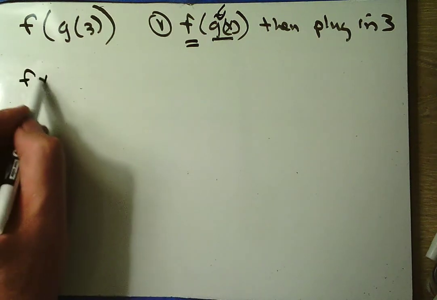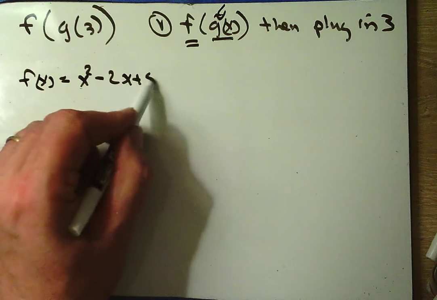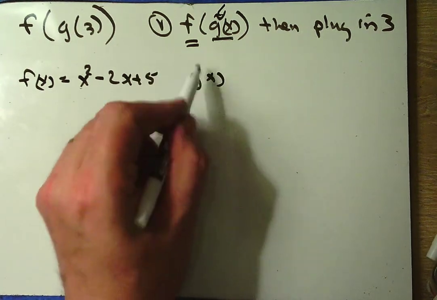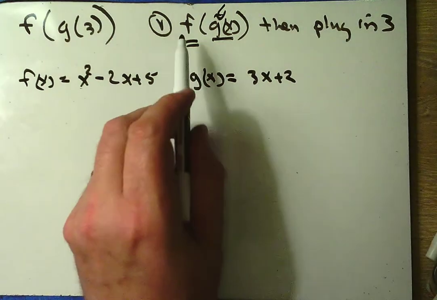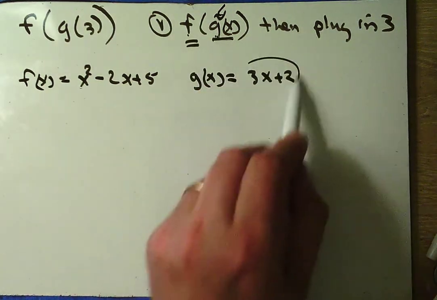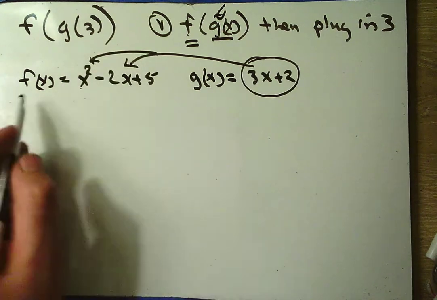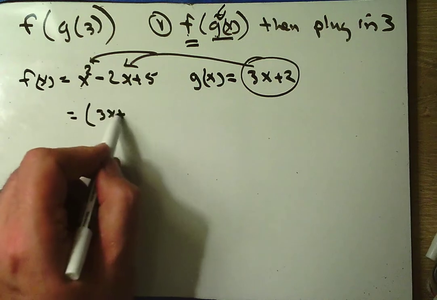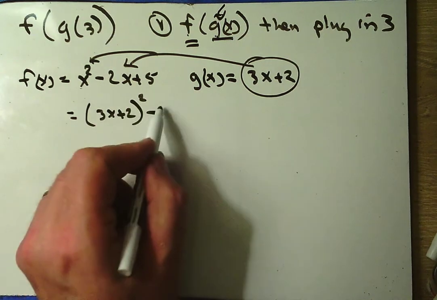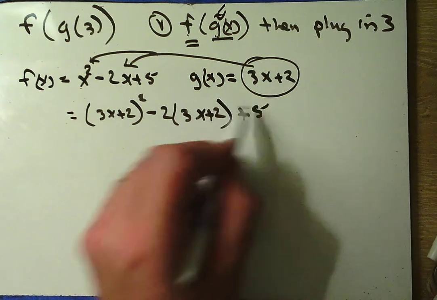So f of x is equal to x squared minus 2x plus 5, and g of x equals 3x plus 2. So if I'm doing f of g of x, I'm taking g of x and I'm plugging that into each of these x's. So I'm going to get 3x plus 2 squared minus 2 times 3x plus 2 plus 5.